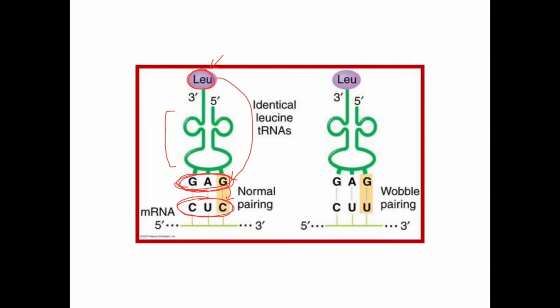Since there are 61 codons, among 64 codons, if you minus the 3 stop codons, there are 61 codons, each representing an amino acid. However, the number of tRNA molecules in a cell, that means types of tRNA, is always less than 61.